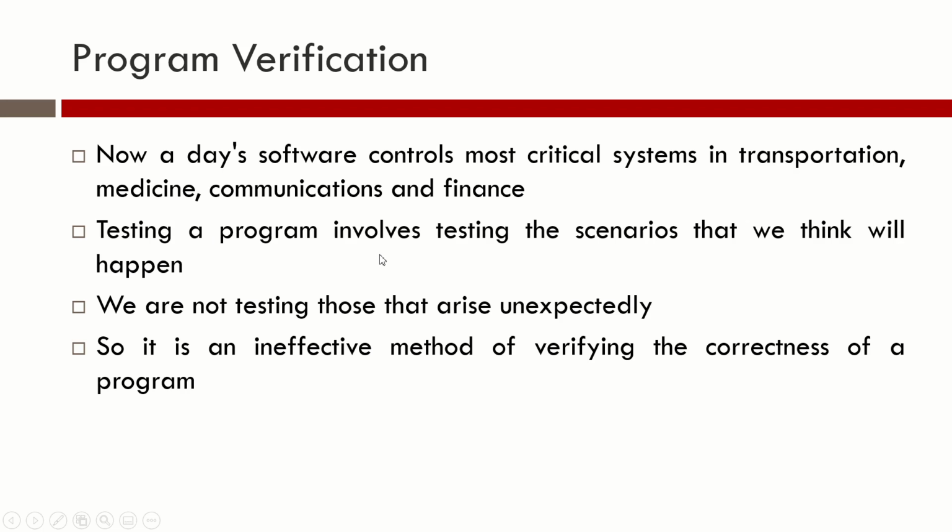Testing a program usually involves testing the scenarios that we think will happen, but we are not testing those scenarios that arise unexpectedly. So choosing scenarios and testing is actually an inefficient method for verifying the correctness of a program.